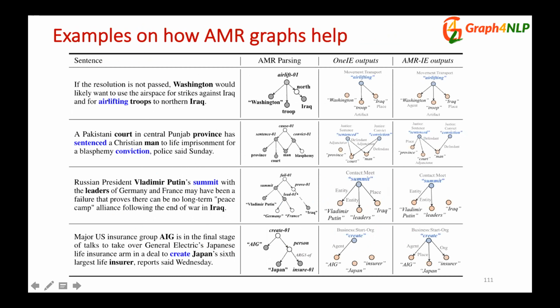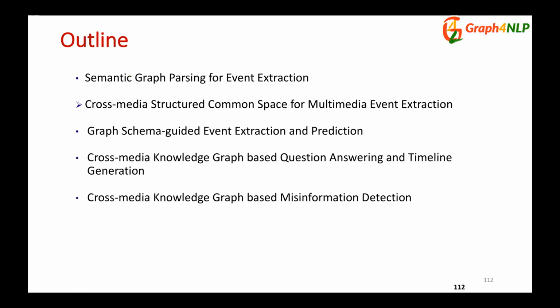But because Washington is a little bit far away from "airlifting" in the input sequence, the sequence-to-graph framework failed to identify this link. Using graph-to-graph encoding and decoding, we can find this link back. So that's about improving the quality.